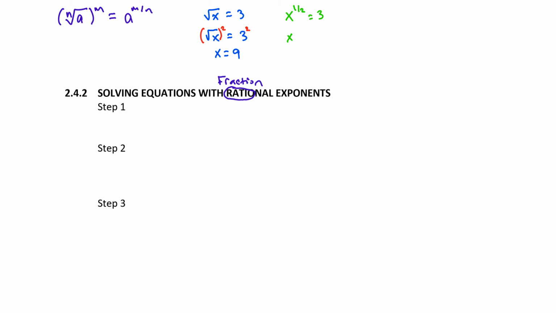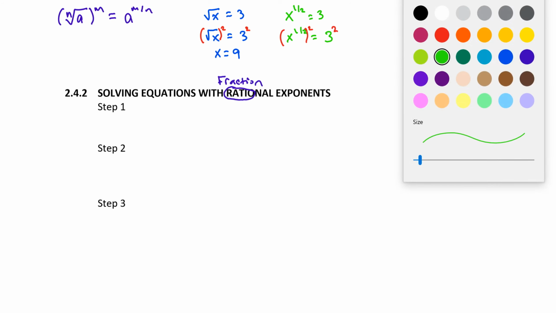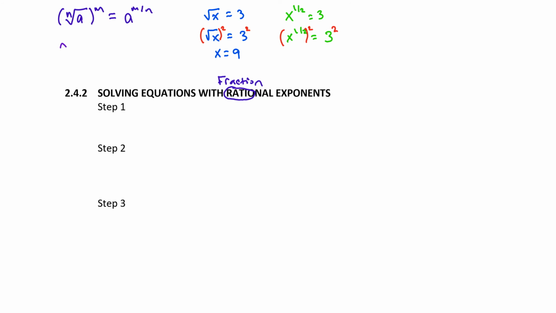Now, if I know how to solve the radical equation, I'm going to apply that same process to my rational exponent equation, and I'm going to obtain the same answer. Notice on the left, we have a power raised to another power, and just to remind you of that exponential rule, if we have a number raised to a power and then raised to a successive power, we multiply those powers.